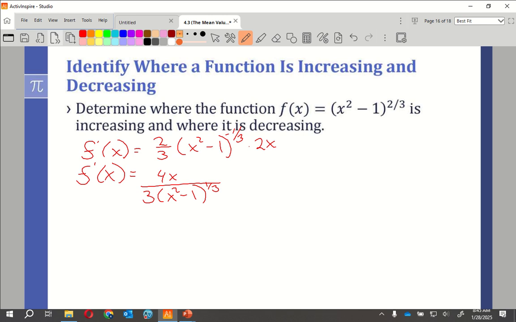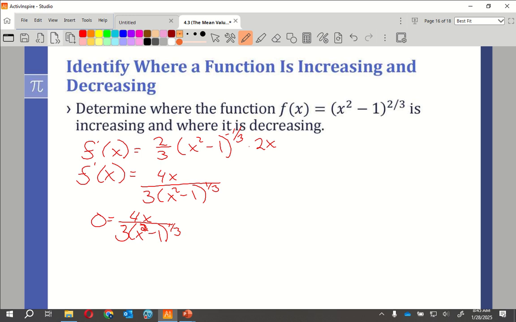Now, critical points. Does it always have to be factors? It doesn't. Critical points are also what? Undefined, right? Any place in here that it's going to be undefined. At 1, right?